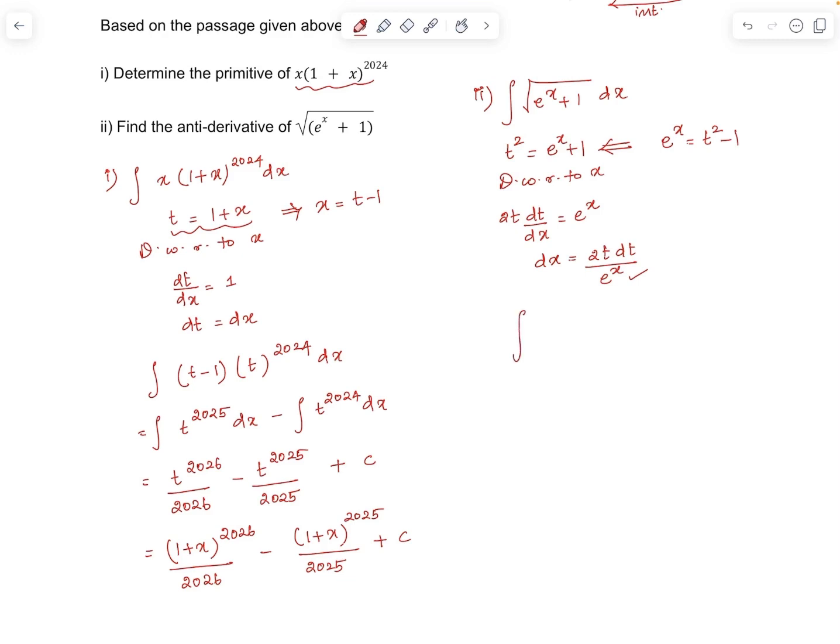So rewriting the expression, we get root t square into 2t dt by e power x, which is t square minus 1.